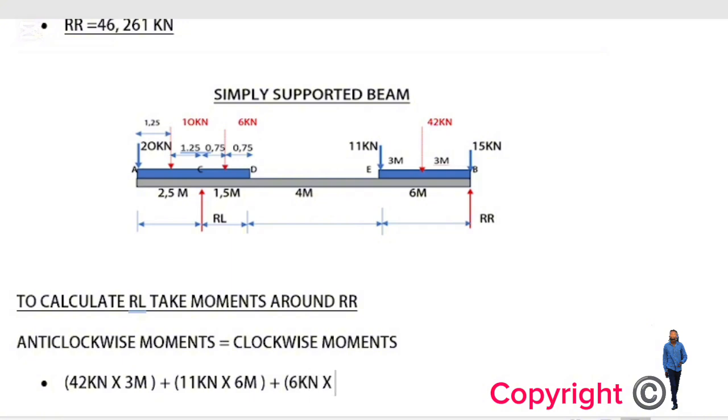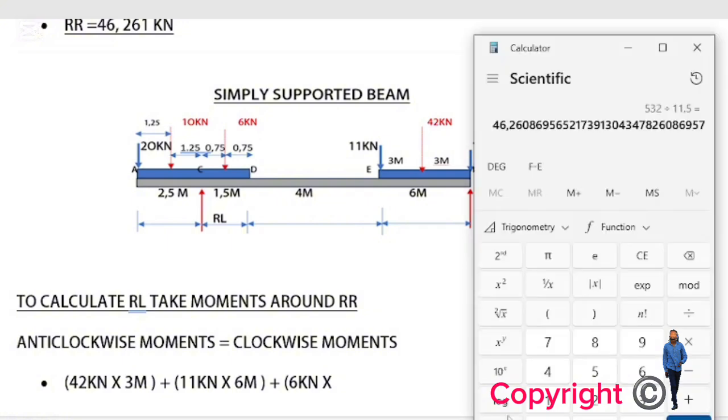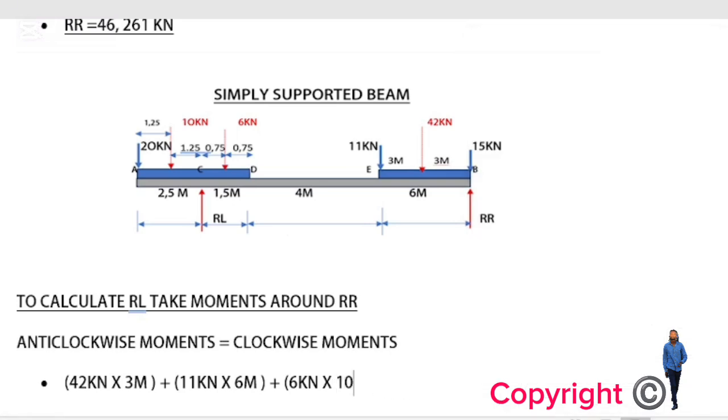The distance will be, let's go to the calculator, 4 plus 6 plus 0.75. This is the distance. It will be 10.75 meters.